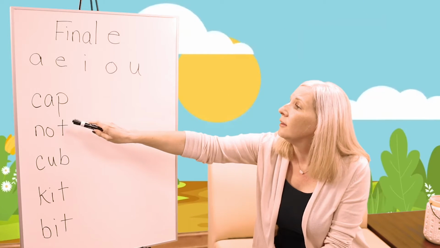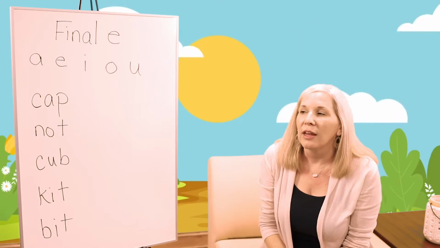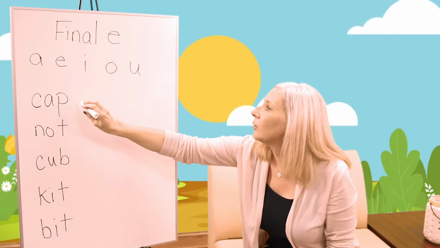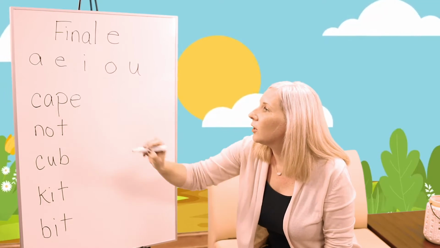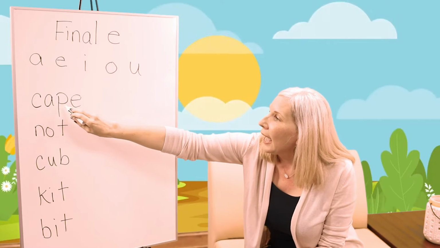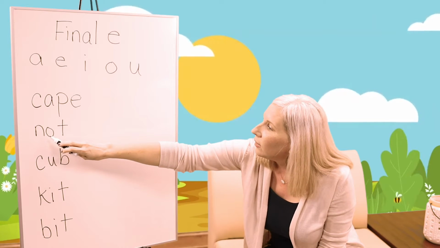So our first word is cap. In cap, we have that A sound because it is the short vowel sound. But if we add final E to the end of this word, it now is going to make A say its name. So cap has now become cape. Next we have not.